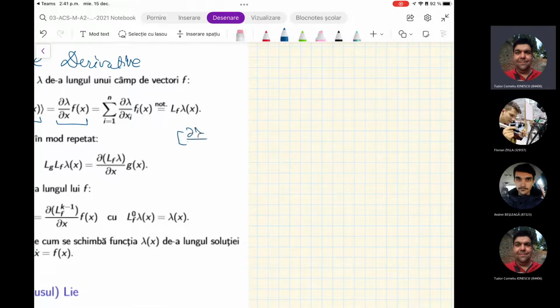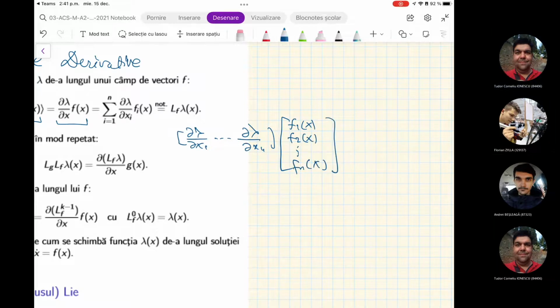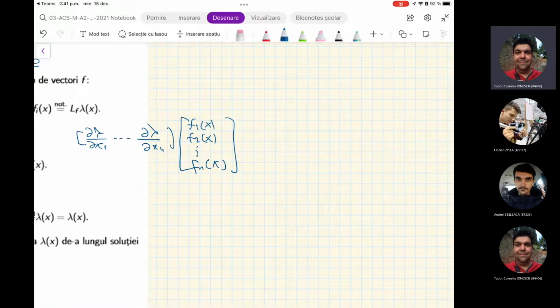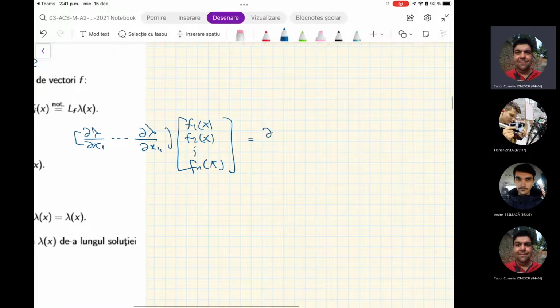because this is d lambda dx1 ... d lambda dxn times f1(x), f2(x) and so on up to fn(x). And when you do this multiplication, this is d lambda dx1 f1(x) plus d lambda dx2 f2(x).